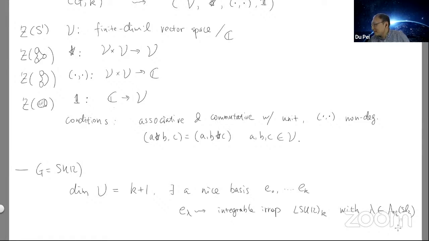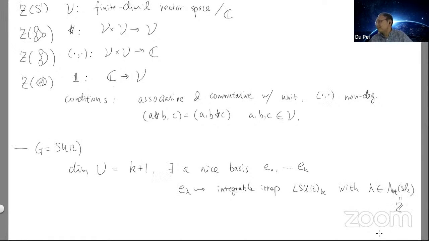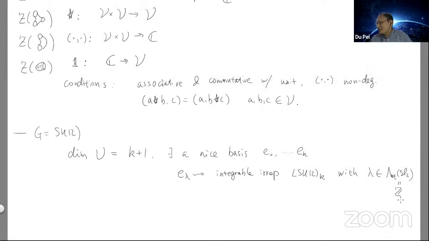And in this case, it's identified with the integers.